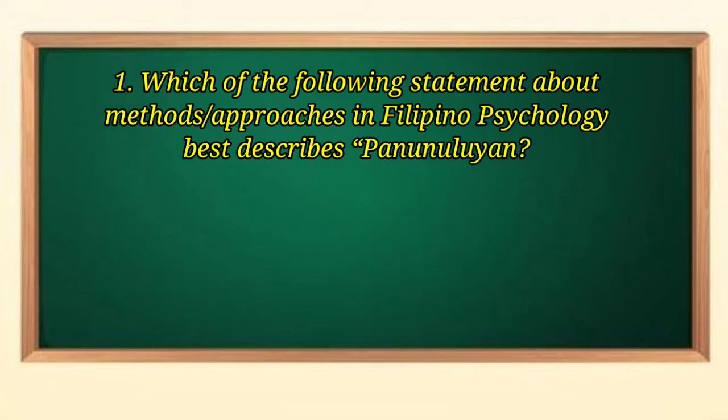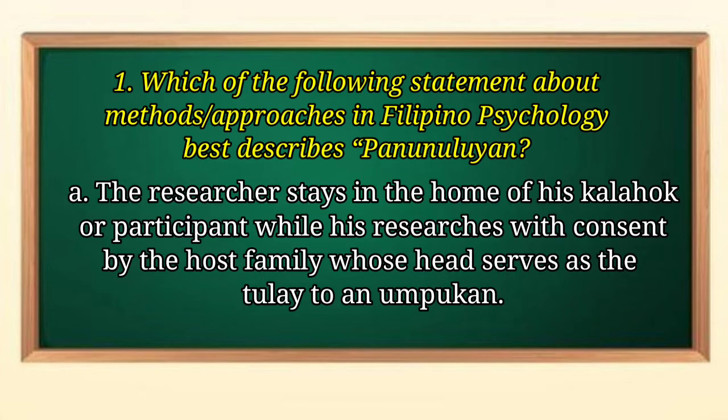Number 1. Which of the following statements about methods or approaches in Filipino psychology best describes panunuluyan? Letter A. The researcher stays in the home of his kalahok or participant while he researches with consent by the host family whose head serves as the tulay to an umpukan.